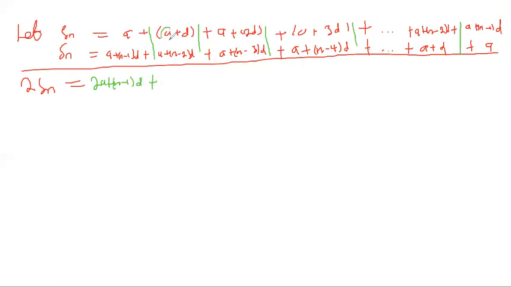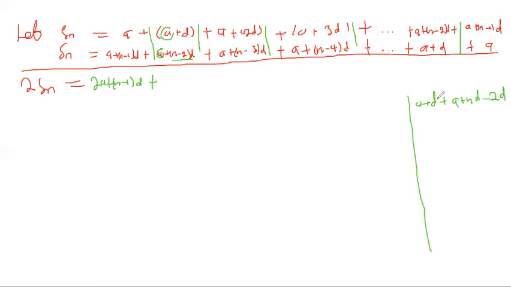Then a plus d plus a plus n minus 2 times d: we open this one up, which would be nd minus 2d.